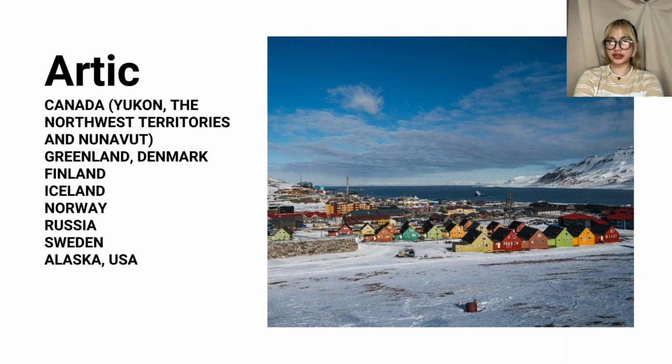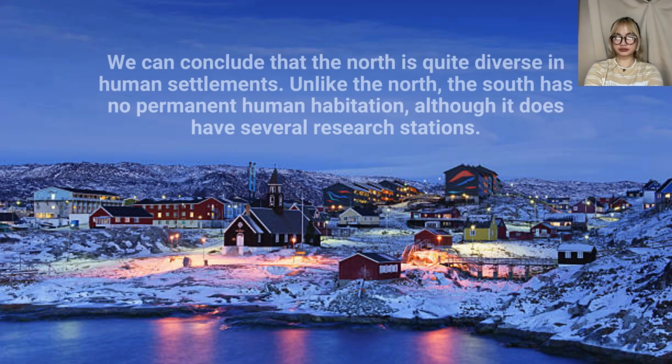For the Arctic area, we have Canada, Yukon, the Northwest Territories, and Nunavut, Greenland in Denmark, Finland, Iceland, Norway, Russia, Sweden, and Alaska in the United States. We can conclude that the North is quite diverse in human settlements.